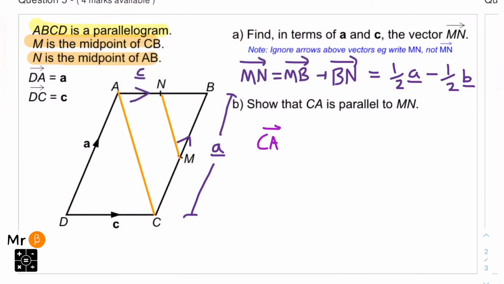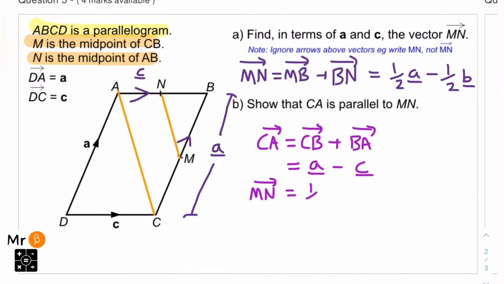So C to A. In order to go from C to A, we are going to go from C to B, and then from B to A. You could have gone from C to D, then D to A, and you would have got exactly the same answer. So C to B is our vector A, B to A is our vector negative C. MN we have done above, where we got our 1/2 A minus 1/2 C.